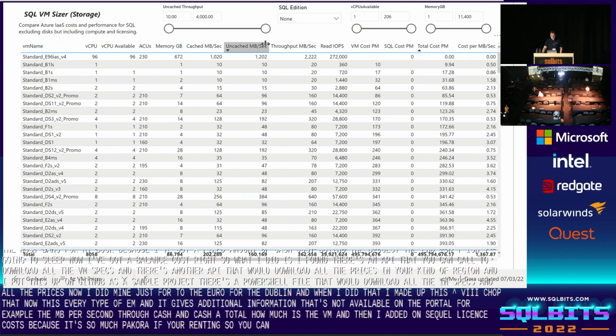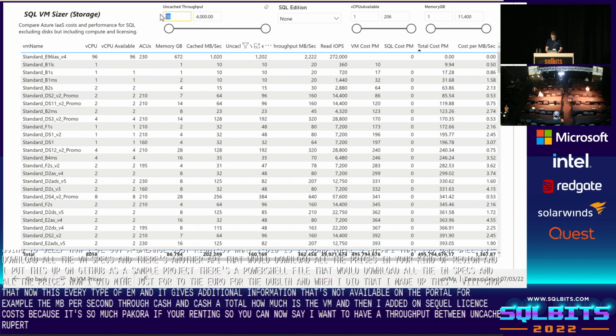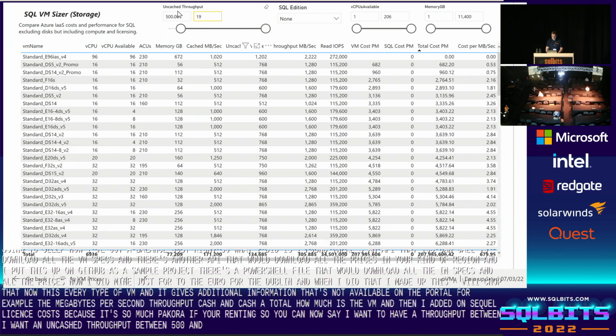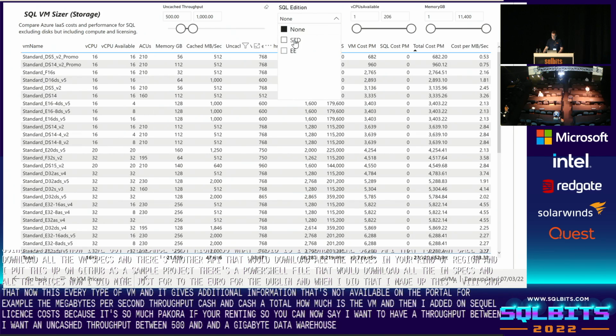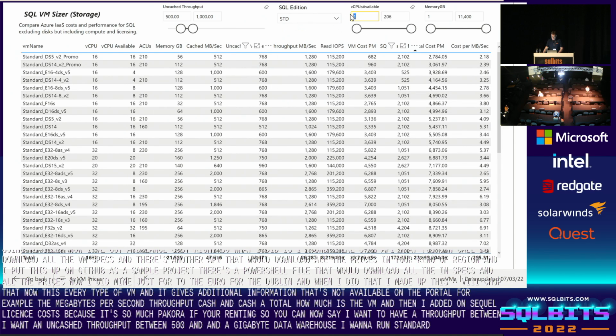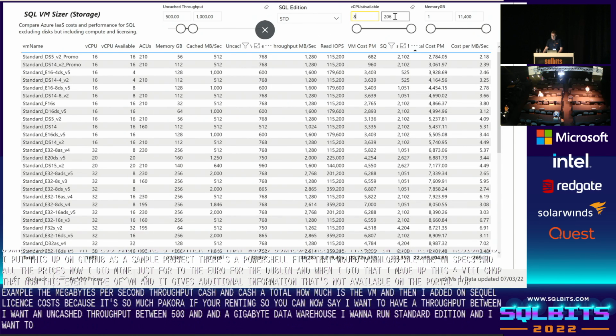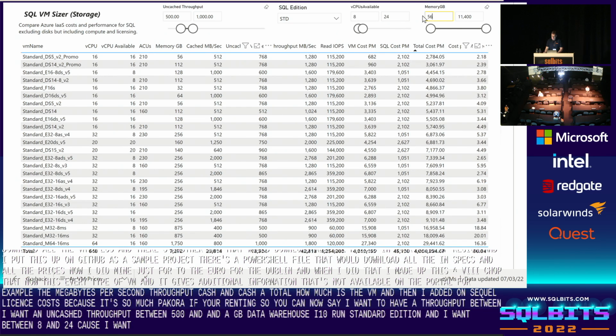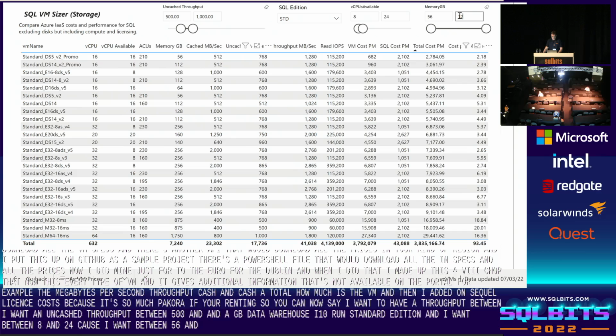So you can now say, I want an uncached throughput between 500 and a gigabyte per second. Say for example, I build a data warehouse. I want to run standard edition, and I want between 8 and 24 cores, and I want between 56 and 128 gig RAM.